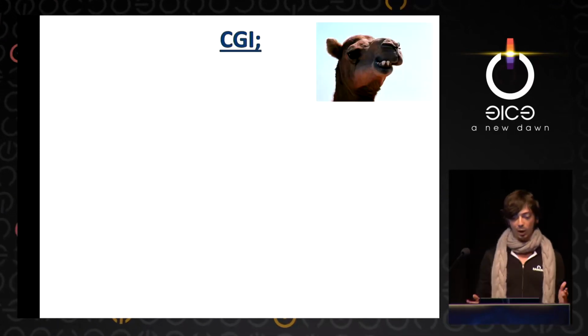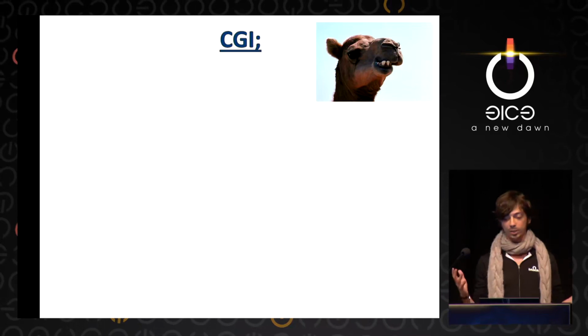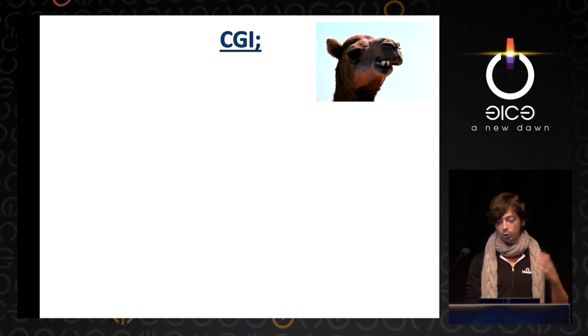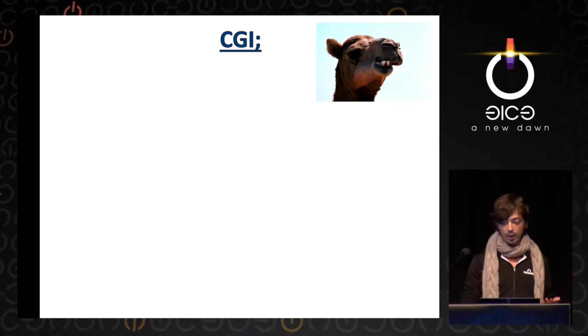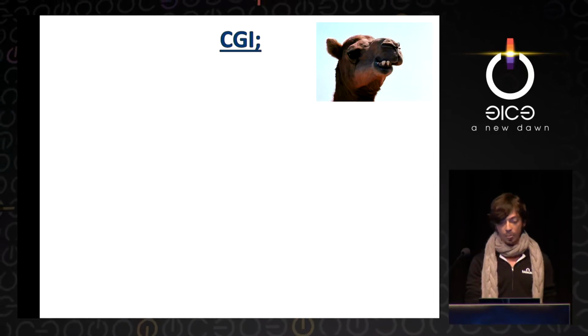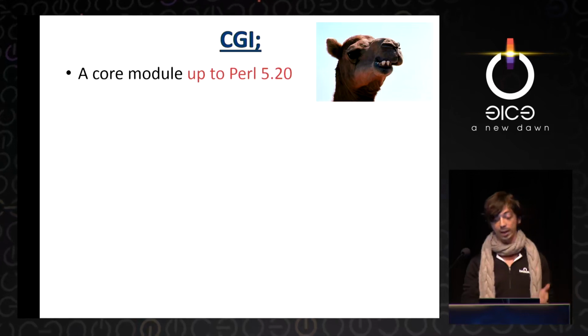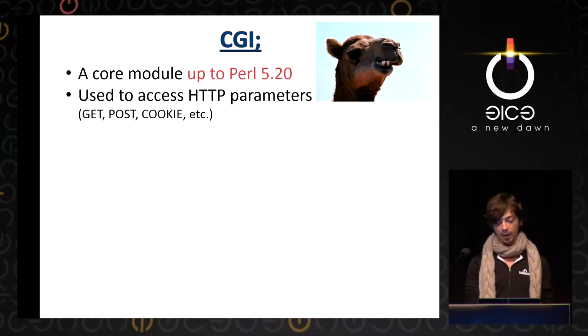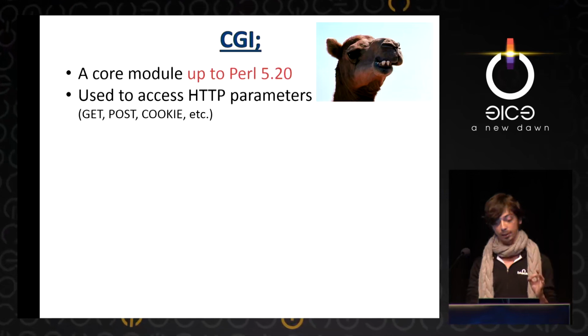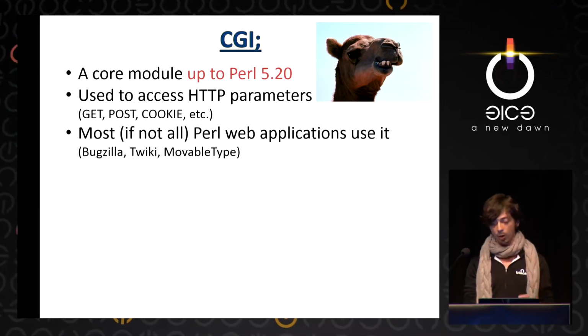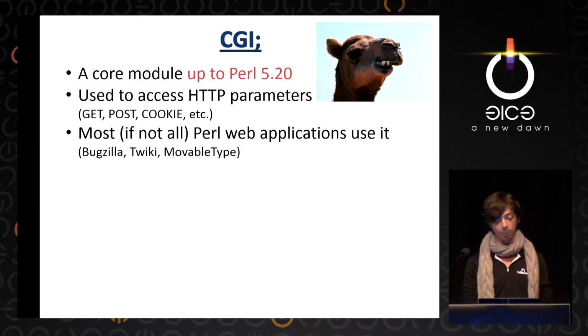So, after we saw a list is a potential source for problems, we thought, wait, how can we even control a list? Well, one obvious way is to look around the CGI module. It's a core module responsible for processing and preparing HTTP requests and responses. Its data arrives from the user using HTTP parameters, and most, if not all, Perl web applications use it.